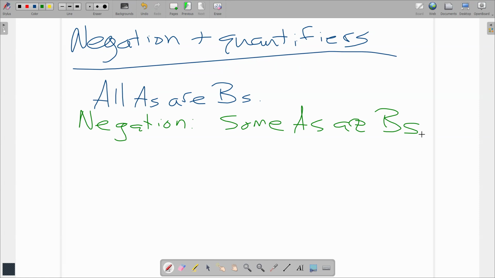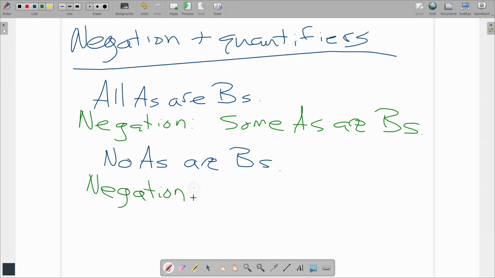All A's are B's. Yeah, if you negate the negation, you get back to where you started. Kind of like the opposite of -1 is 1. Same idea. No A's are B's. Negation. Some A's are B's.